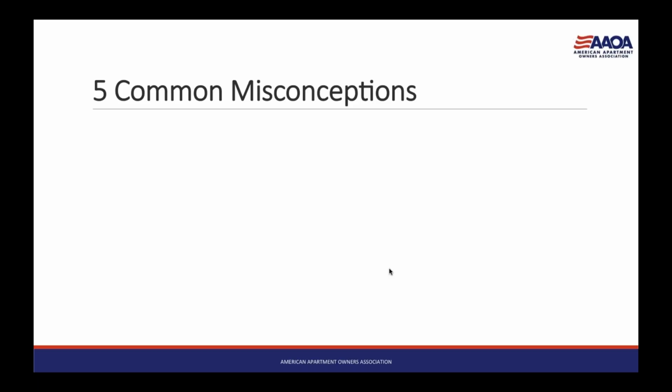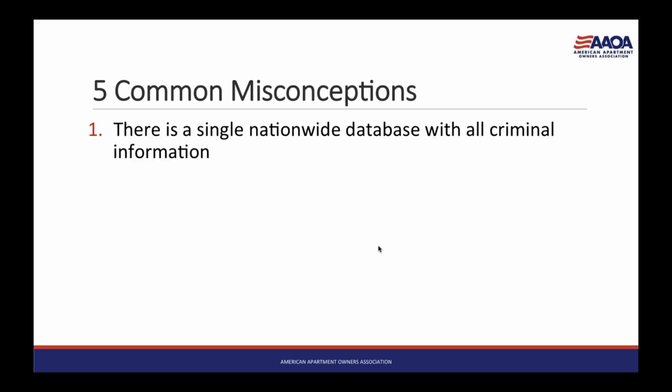So the number 1 common misconception we see is that there is a single nationwide database with all the criminal information that you would ever want to know. Unfortunately, that's not true. Obviously this would make our job a lot easier, but criminal information is very fragmented from state to state.